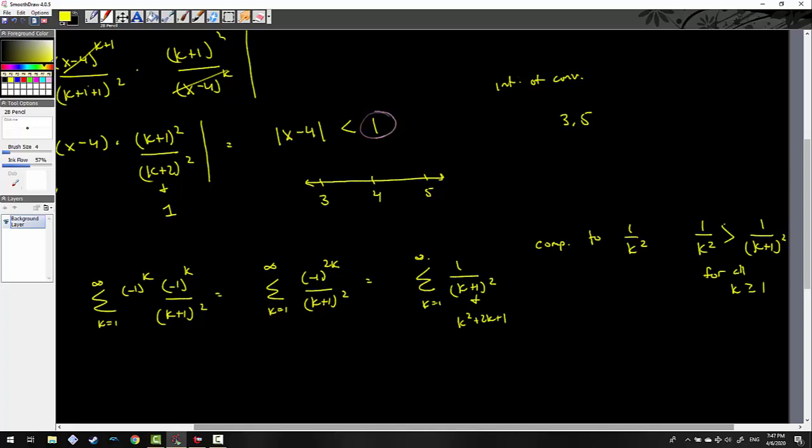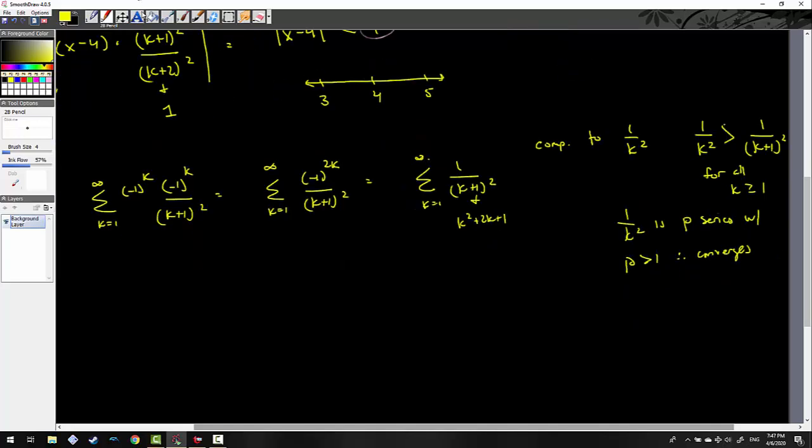I know this is going to be true, and I can say that 1 over k squared is a p series with p being greater than 1 and therefore converges. And then I can type out the rest.